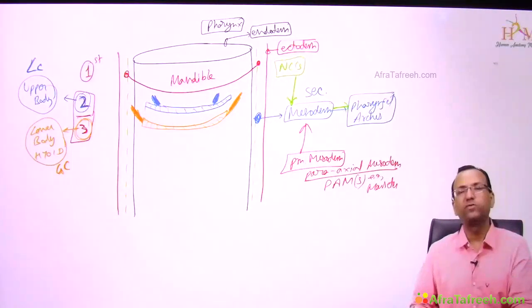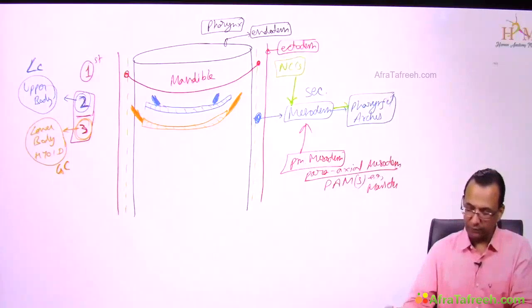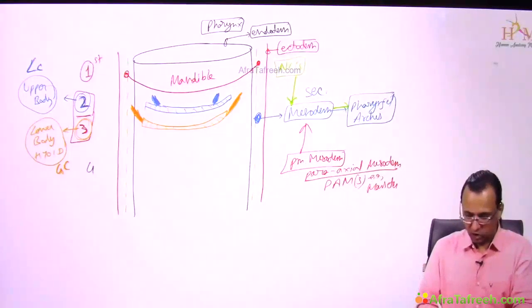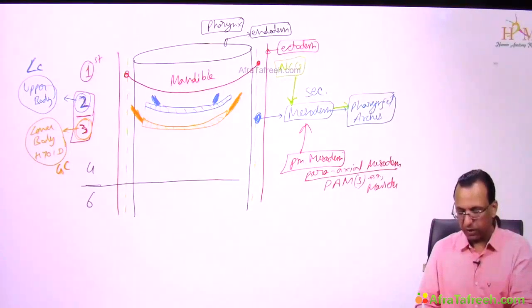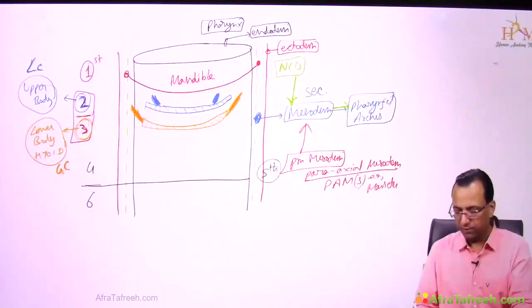Then what is developing in the fourth and sixth arch? Between the fourth and sixth arch, the fifth arch is rudimentary; it has disappeared.